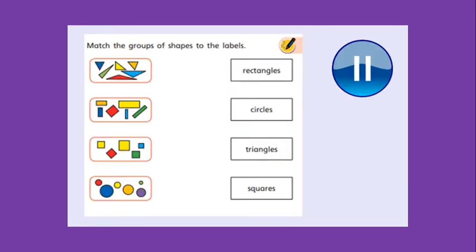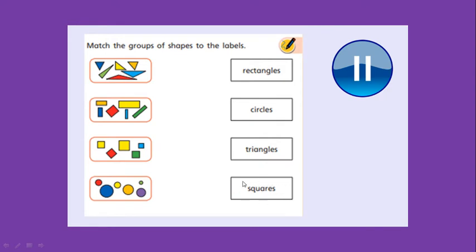Okay, this one's a fun one now because I feel like you're getting to understand what our 2D shapes are. We've got rectangles, which have got 2 sides longer than the other 2. We've got circles that have no beginning and no end. We've got triangles, which have got 3 corners and 3 sides.